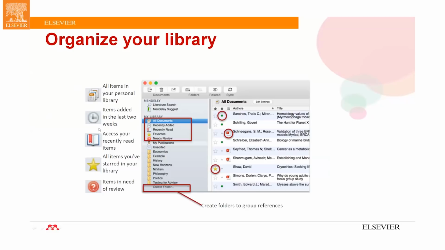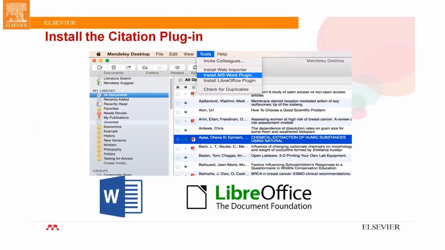For example, this icon means items added in the last 2 weeks. So it's very easy, user-friendly. I recommend it for undergraduates as well. If you are teaching undergraduates, I recommend you briefly show them how to use it as well.